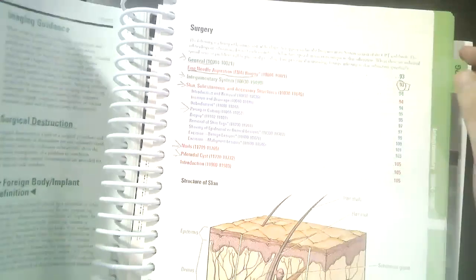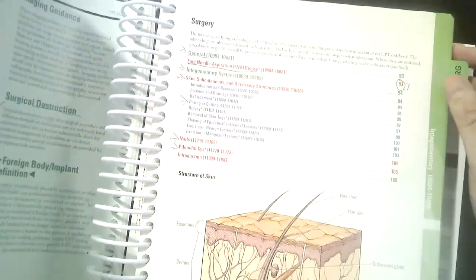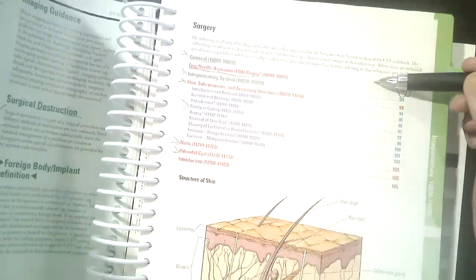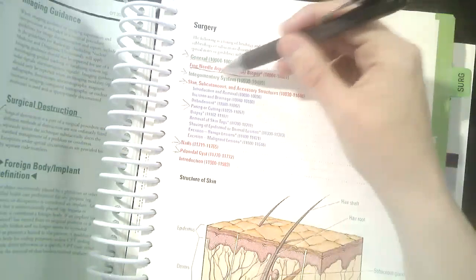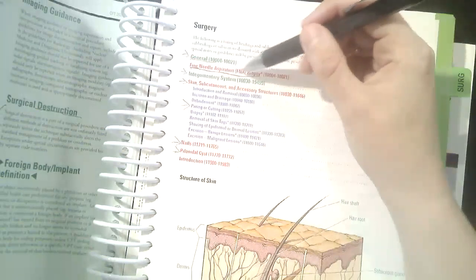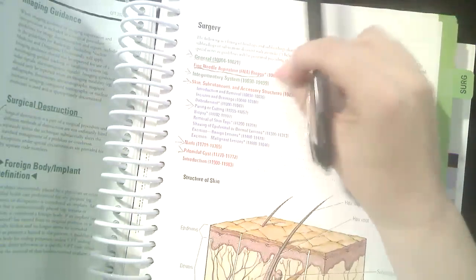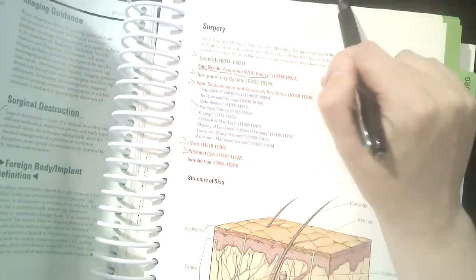It's a really good example for us. So we're going to look at that here in a second. But what is important to note about this section is that only this procedure is in there, fine needle aspiration biopsy. So anytime you see that procedure listed, you need to go to this section, okay?